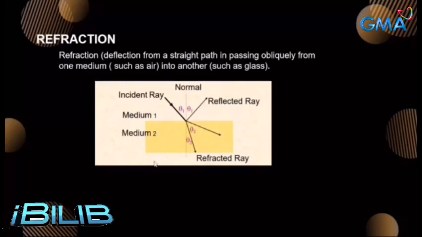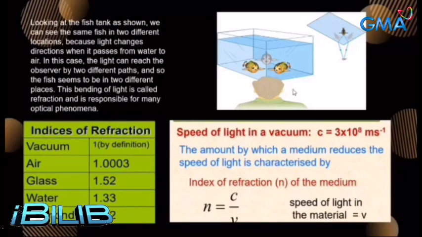So dito makikita natin sa picture na to na yung incident ray, pag nag-pass siya sa one medium, ay pwede siyang mag-refract into another medium. May example dito. Ito, yung isang lalaki, nakatingin siya sa fish tank as shown.